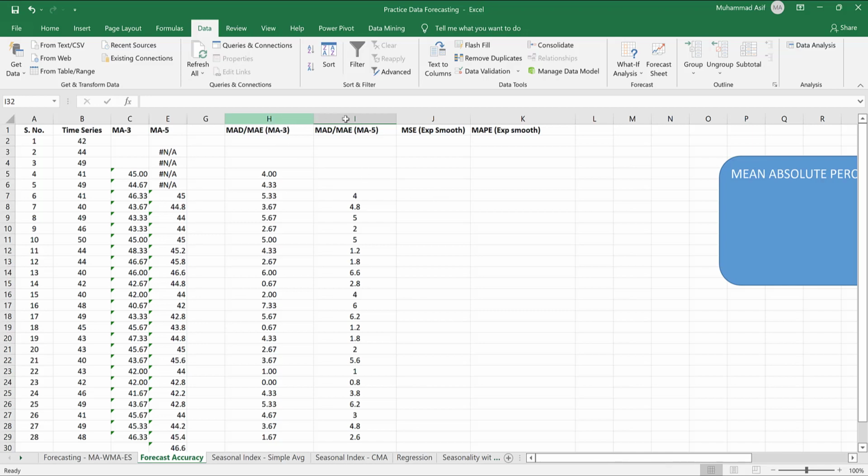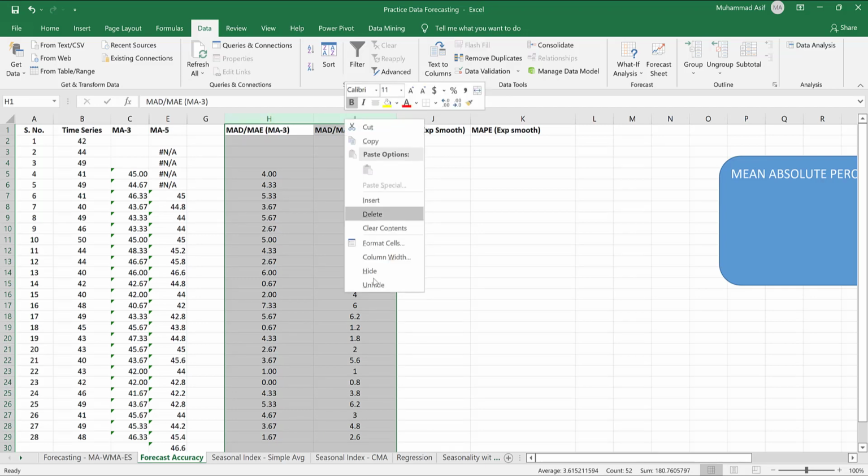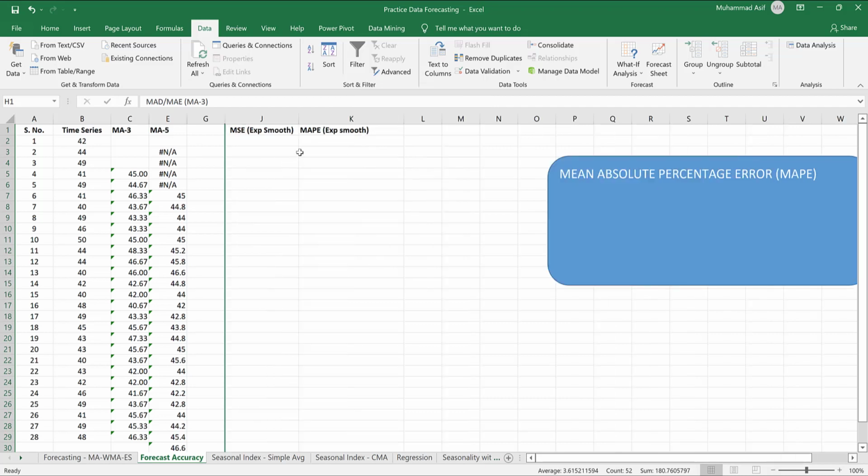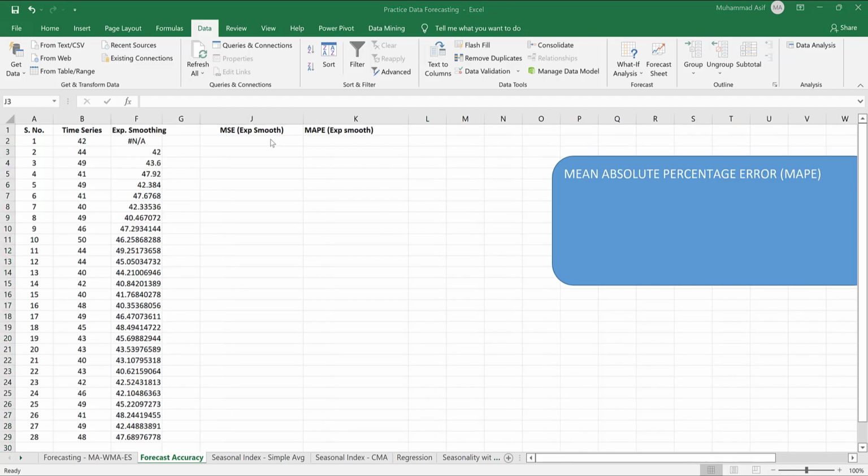Okay, next we will discuss MSE. MSE, that's also called mean squared error. In mean squared error we will be using results of exponential smoothing. We take difference, and again we know there will be some negative values.